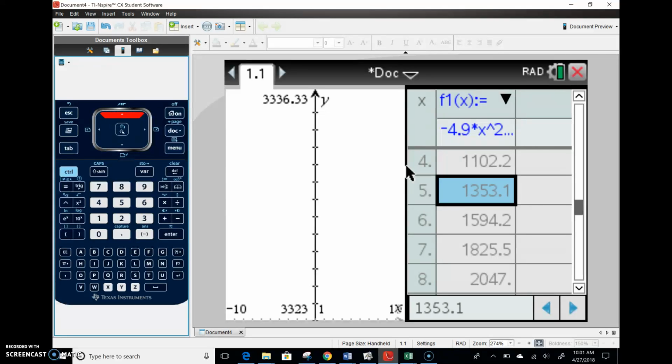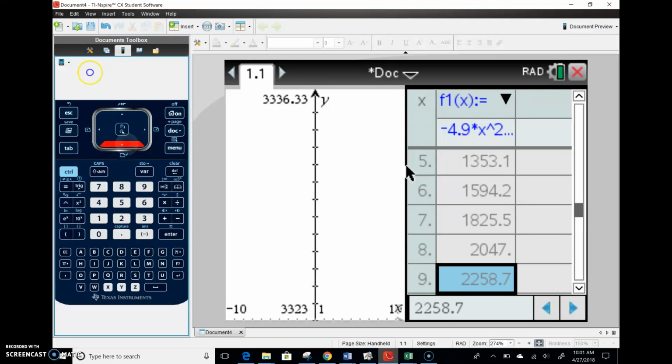Slow down. 1353 looks good. You go to 10. 2460 looks good. You go to 15. 3323 looks good. 3946 looks good. 4313 looks good. 30. 4440 looks good.